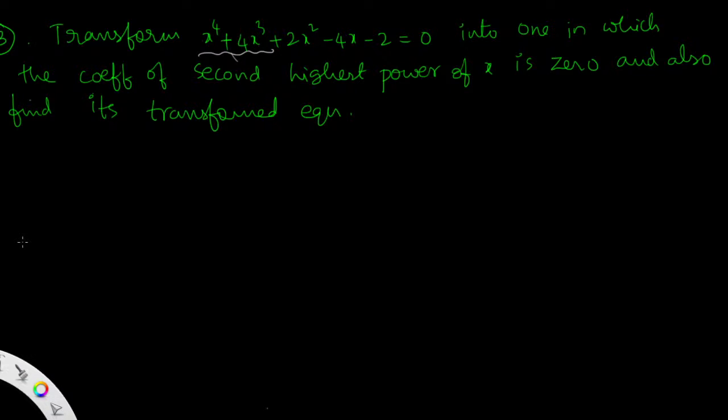There is a formula to eliminate this term: let h equal to minus a1 by n a naught.